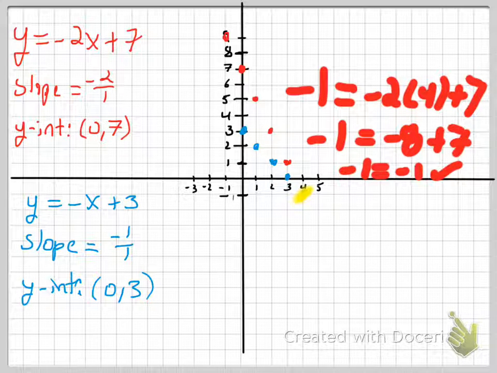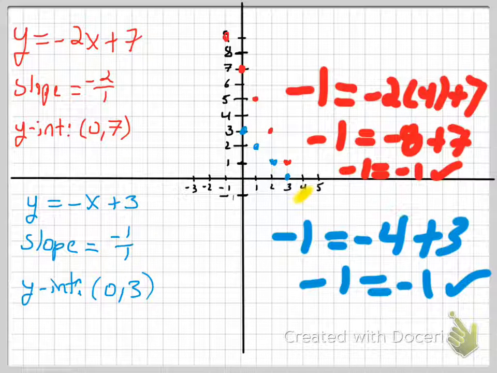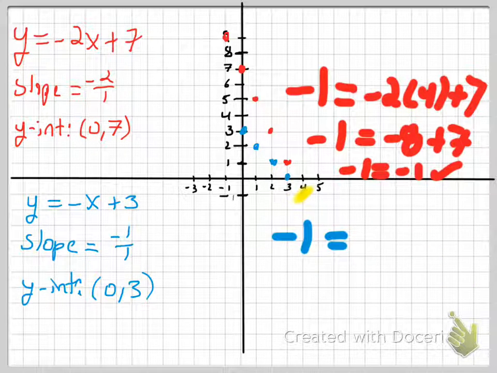So it's okay in that one. In the other equation, y equals negative x plus 3, that would be negative 1 for the y equals negative the x, which is 4, plus 3. So that's negative 1 equals negative 1 also, so that is true in both equations. So we know that that is the point of intersection and our solution.